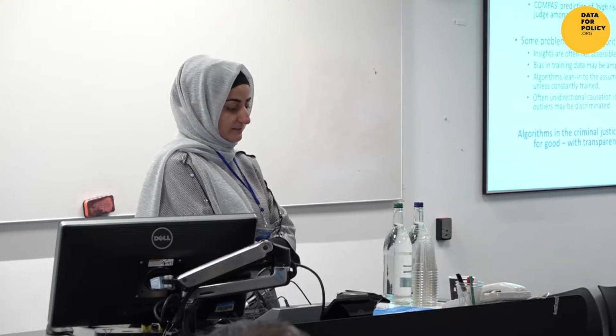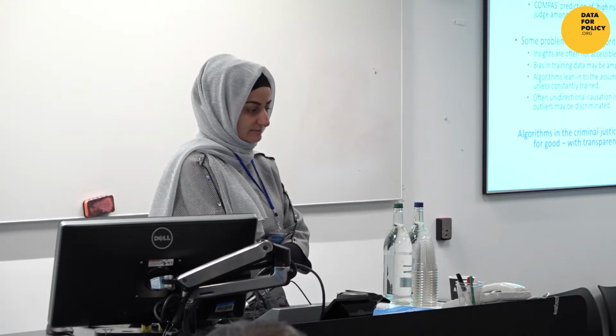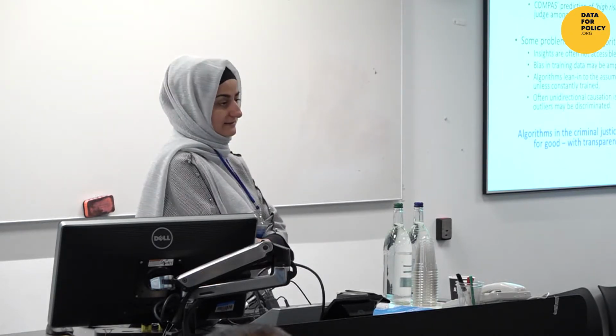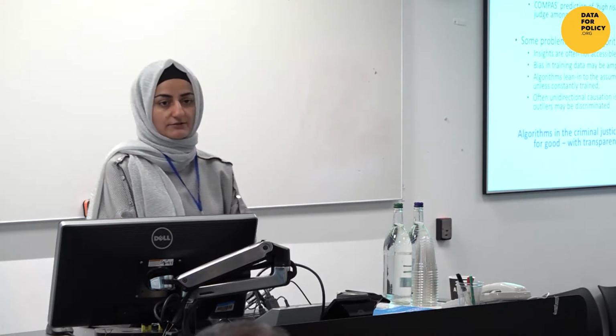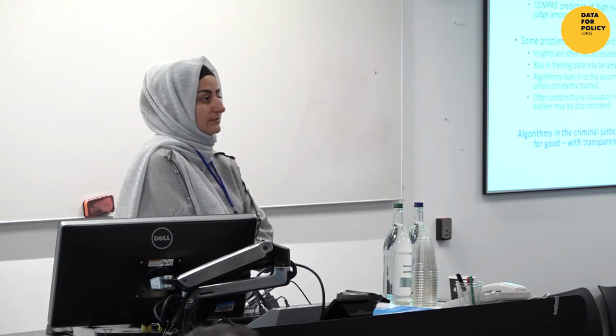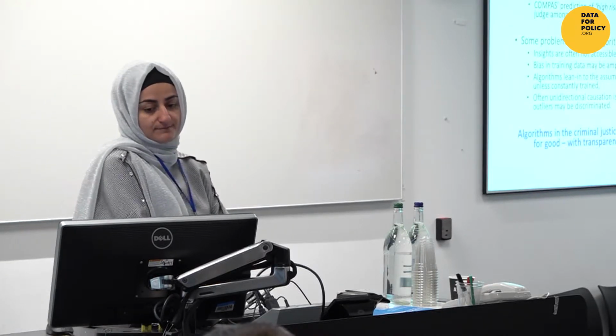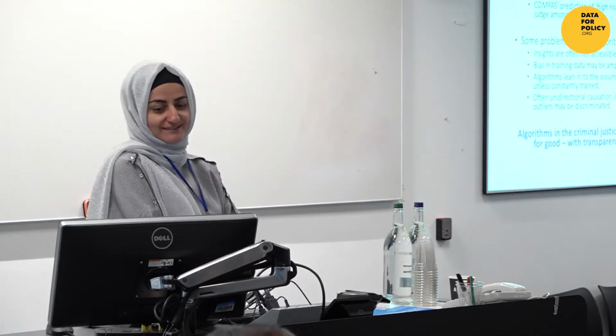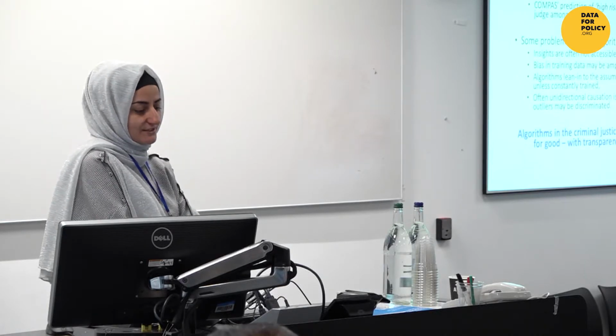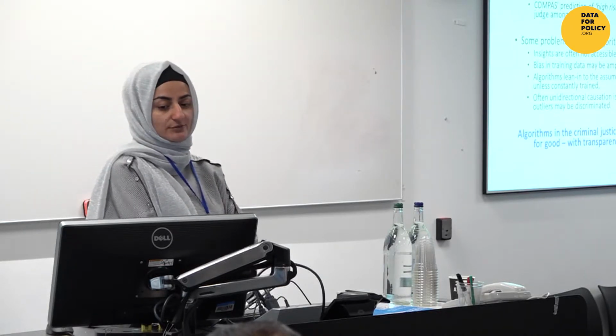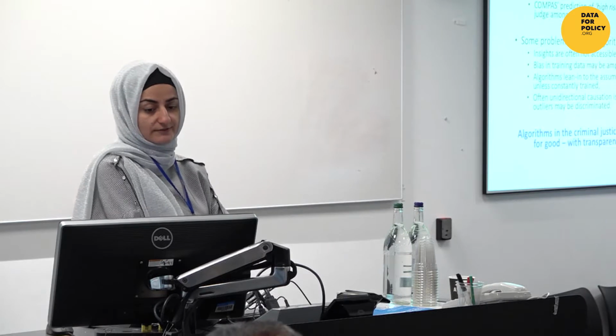It's giving twice the risk of recidivism for black people than it actually is, and half the risk of recidivism for white people than it actually is. So it sparked some public conversation, obviously, about the problems with machine learning algorithms in these sorts of situations.